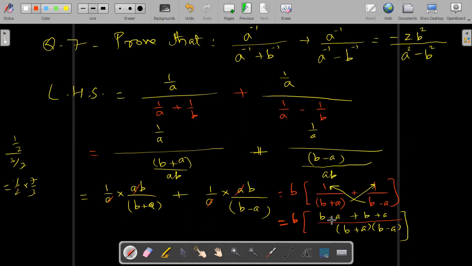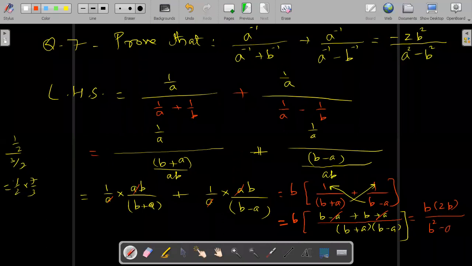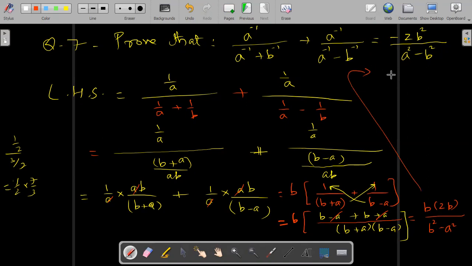So minus and plus will cancel, b plus b, 2b, b into 2b, and there is a negative sign. Here a square, b square, correct? Got it. So we get b square minus a square. Just see this answer I am writing here.